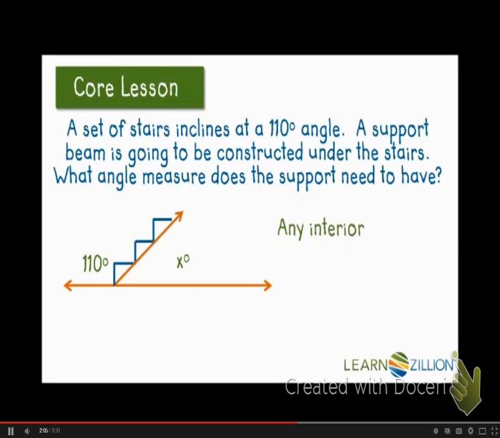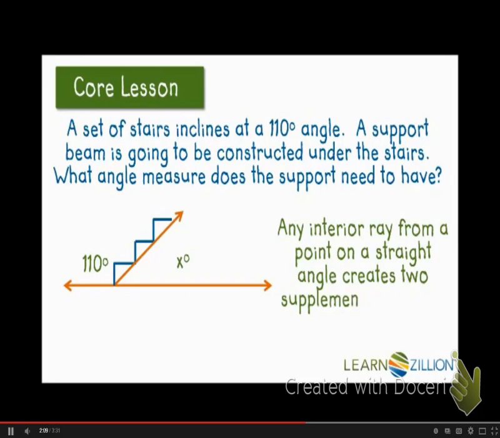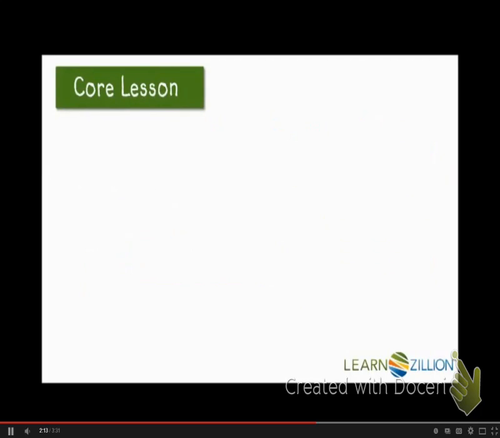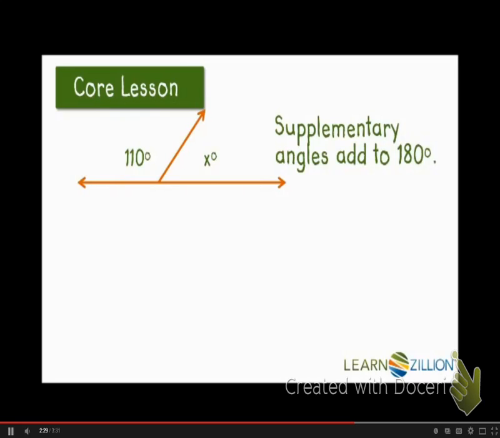We want to remember any interior ray from a point on a straight angle creates two supplementary angles. Well, let's take a look at how that helps us find x. If we have our set of stairs and our support beam, we know we've got two angles, one measuring 110 degrees and one measuring x degrees. And we want to remember that supplementary angles add to 180 degrees.